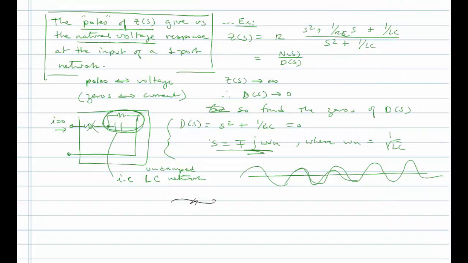So here we have used the zeros of the impedance function and the poles of the impedance function to find the natural current response when we short this network, and the natural voltage response when we open up this one-port network.